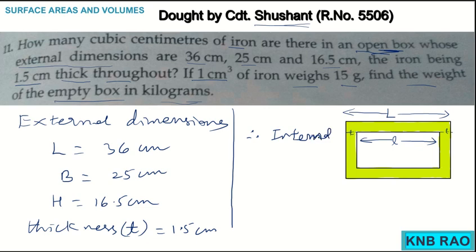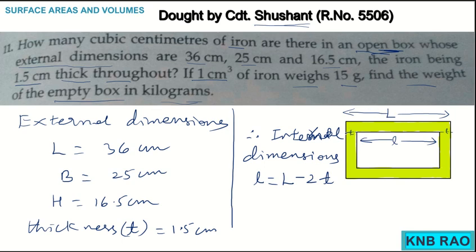Thus from this I will have the internal dimensions, that is small l, from capital L. I have to subtract 2 times thickness. Why?